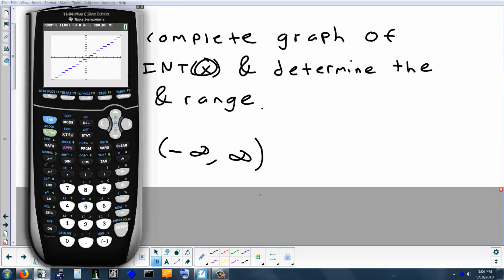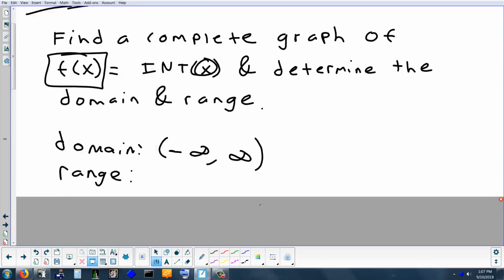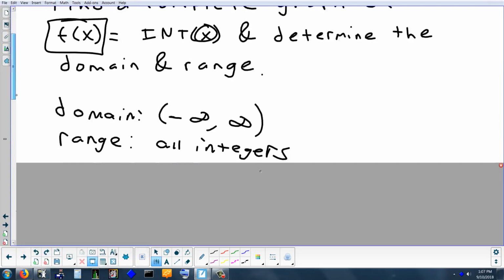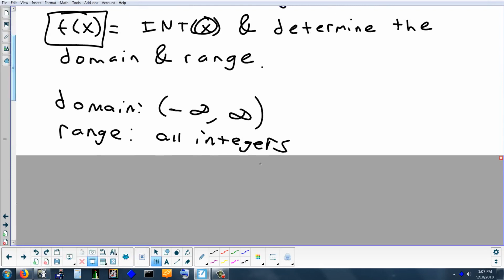The y value is never 0.6. The y value can be 0, it can be 1, it can't be anything in between, up and down. So the range, there's no real fancy way to write it. Just write all integers. And that's it for the step function. Any questions there?